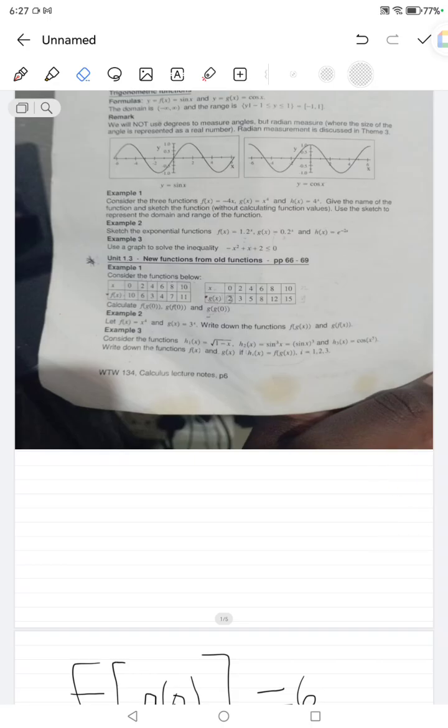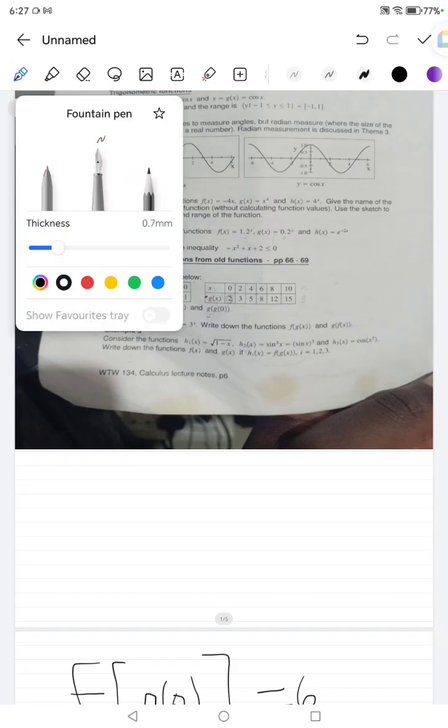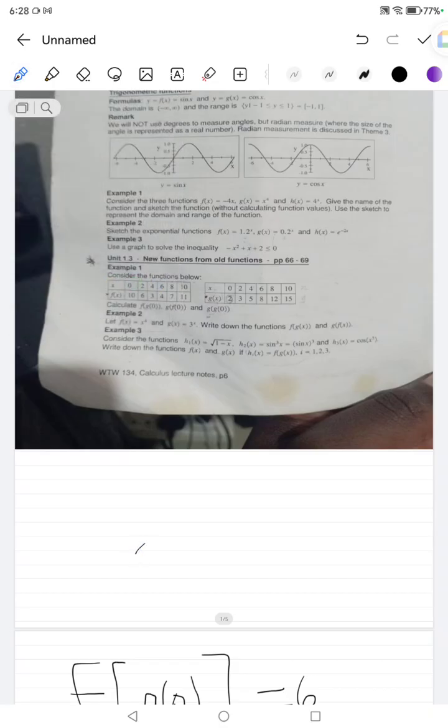We're going to go to the second example. You can also try them. We have our g of f of 0. Now you know that we're going to start with your internal function. Your internal function is your f of x.